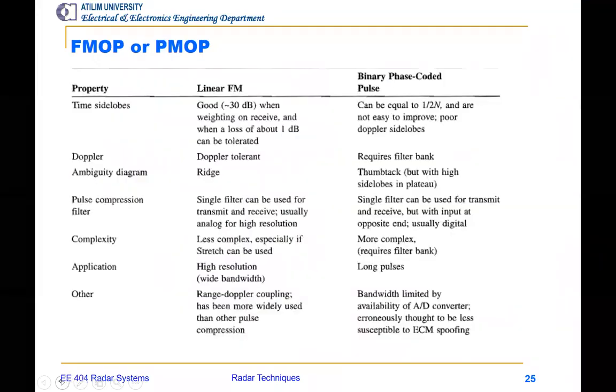Here's the last slide of the lesson and also of this semester. There is a list here. You see the advantages of FMOP and PMOP. Time side lobes, for example, is one property.